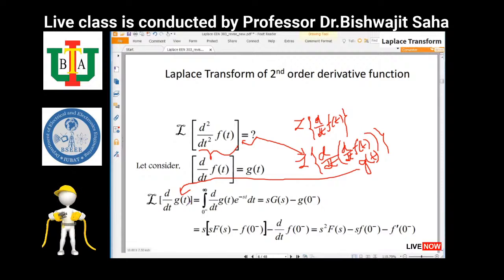If we do the Laplace transform of d by dt g of t, then we find s G of s minus small g of 0 minus.